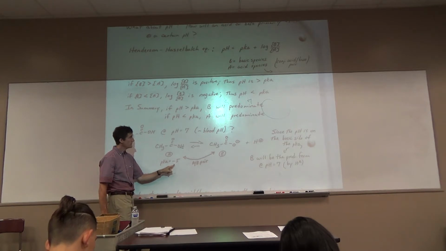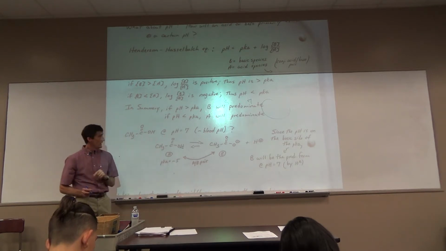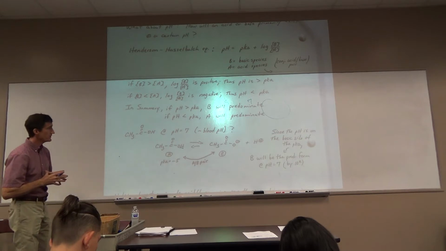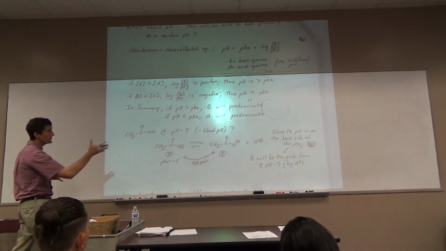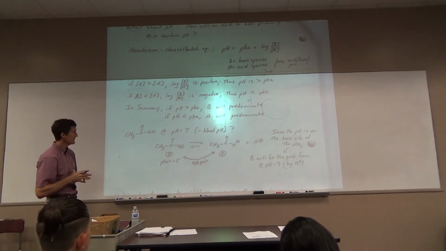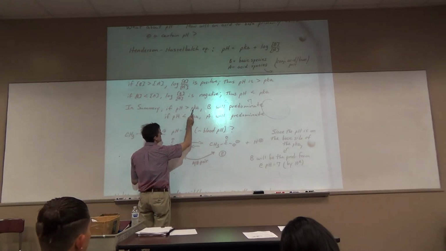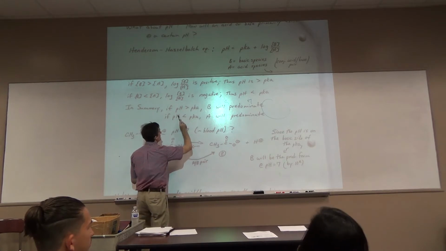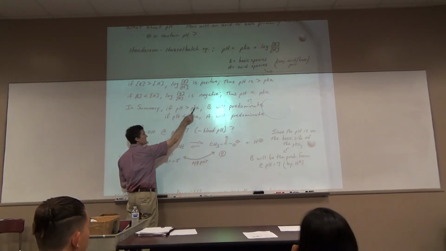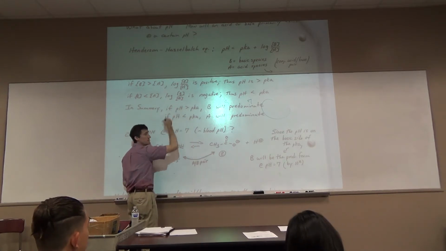So, which is going to predominate, A or B? Well, you can read, but let's look at it as if the answer is not there. Let's see. pH is greater than pKa. Importantly, a lot of times you guys get this backwards. pH is a thing that can vary.